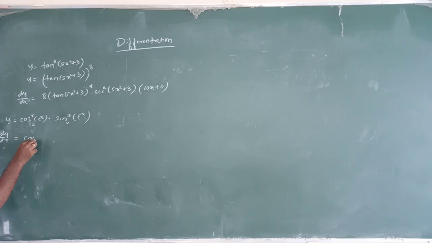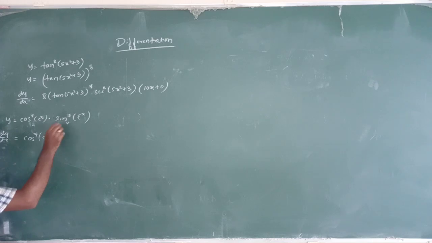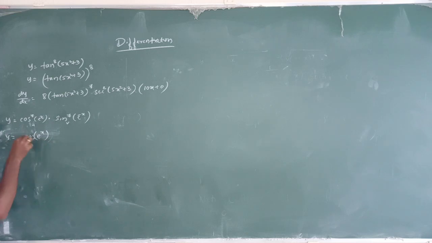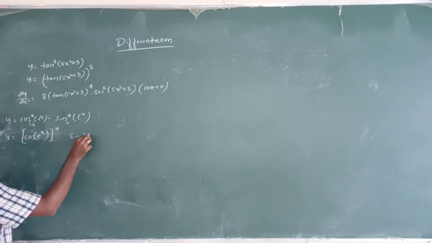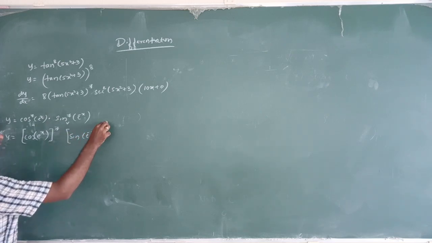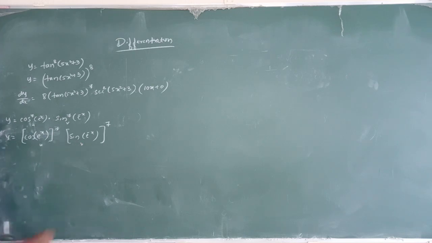Keep the u as it is, that is cos of e raised to x whole raised to 7. Getting? Correct? Next, sin of e raised to minus x whole raised to 7. Now this one is u, this one is v. The differentiation of u: first we keep the u as it is, that is cos of e raised to x whole raised to 7 as it is. Now it is in the form of what?